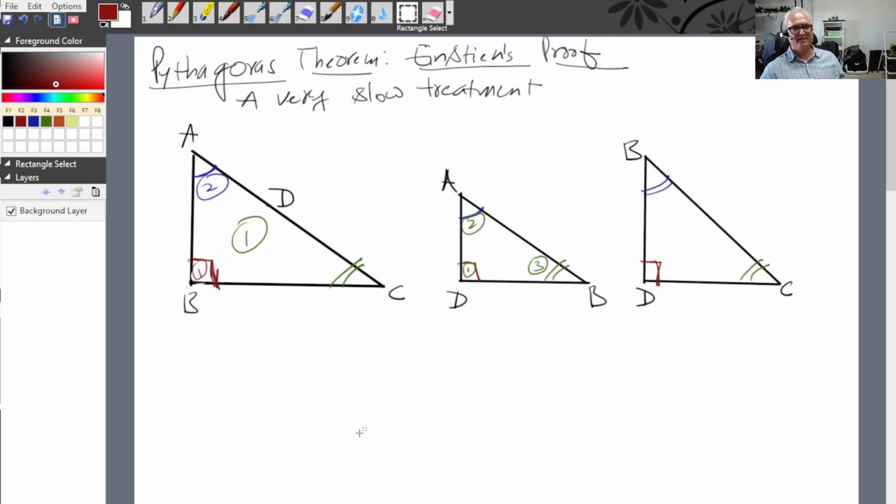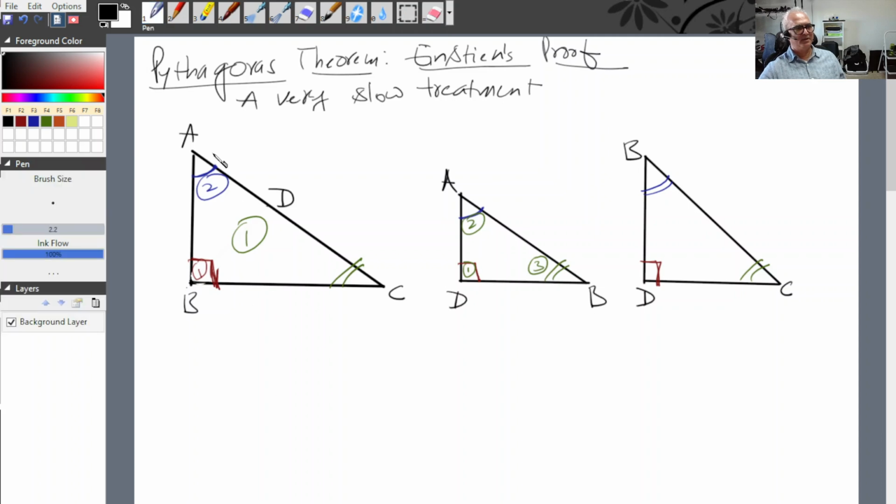So we have three triangles. This is triangle 1, 2, and 3. So the area of triangle 1, which is ABC, is half AB and BC.